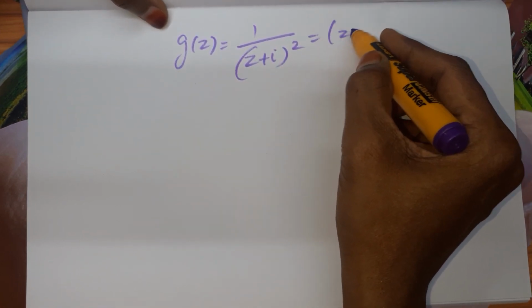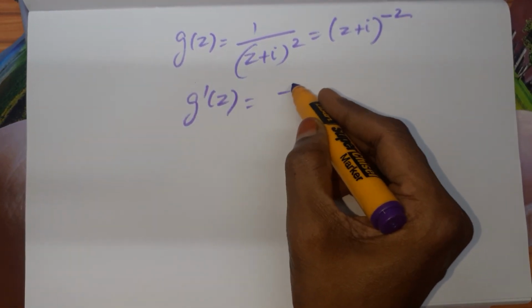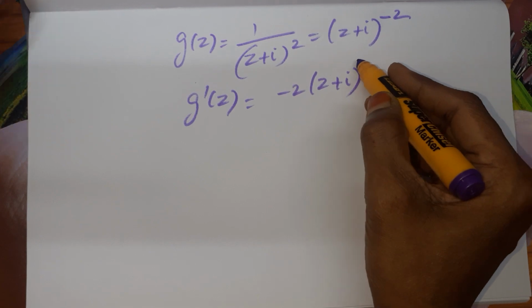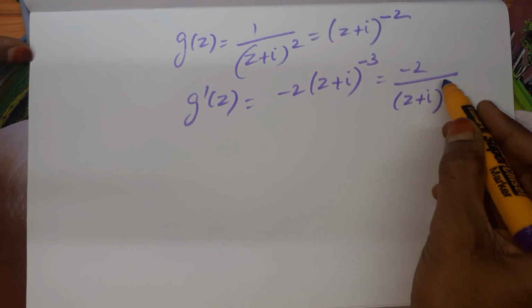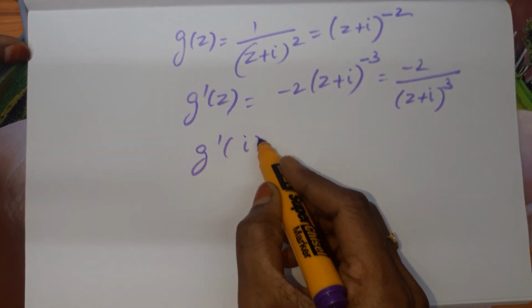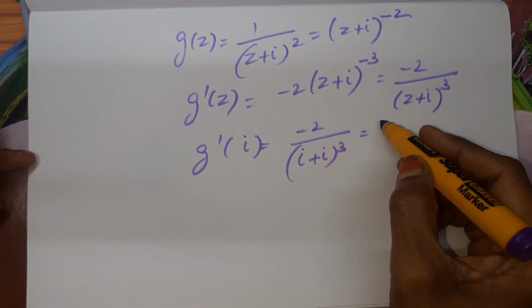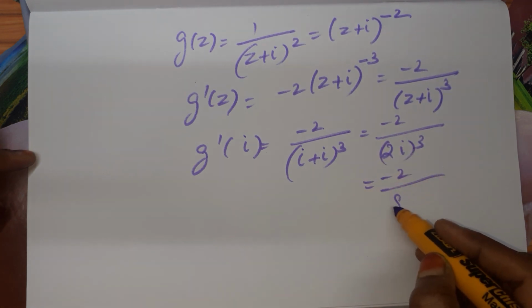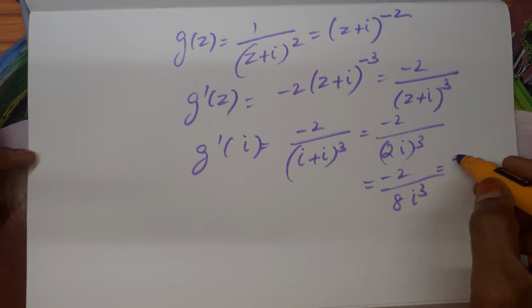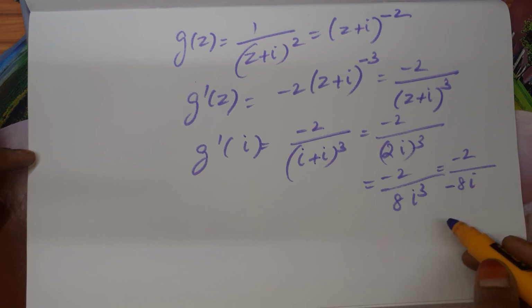So g of z is equal to 1 by (z plus i) the whole square. I can rewrite this as (z plus i) power minus 2. So g dash of z is equal to minus 2 (z plus i) power minus 2 minus 1, that is minus 3. So minus 2 by (z plus i) power 3. Now g dash of i equals minus 2 by (i plus i) power 3, that is (2i) power 3. 2 power 3 is 8, so minus 2 by 8 i cube. i cube is minus i, so 1 by i can be written as minus i in the numerator.